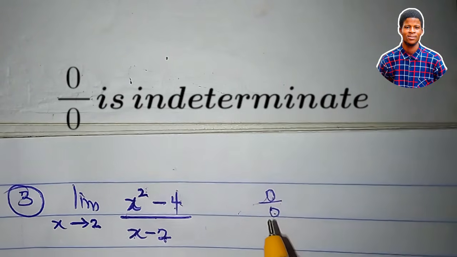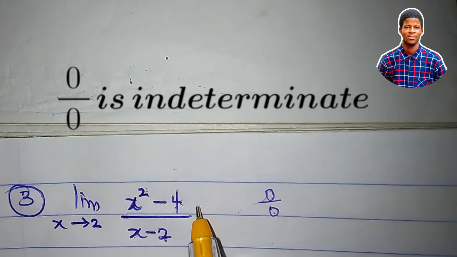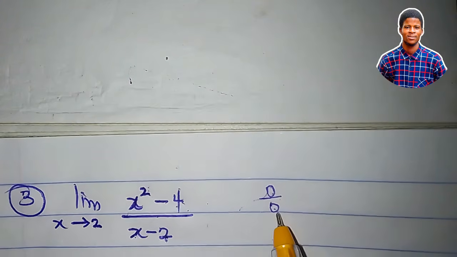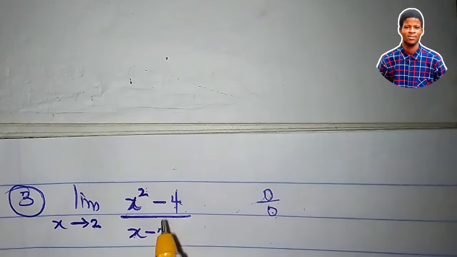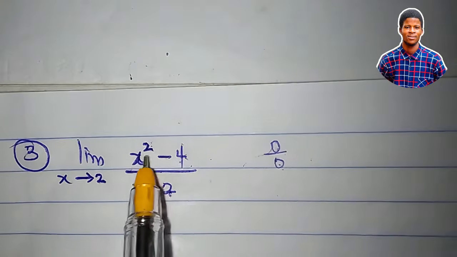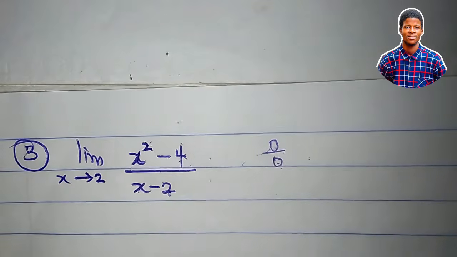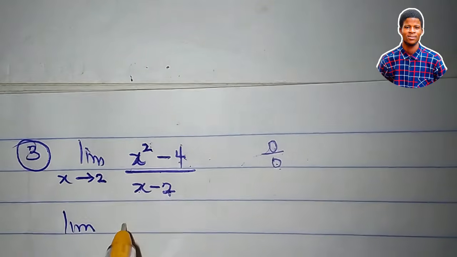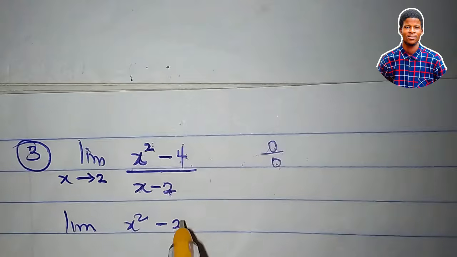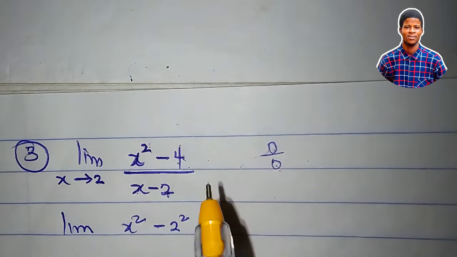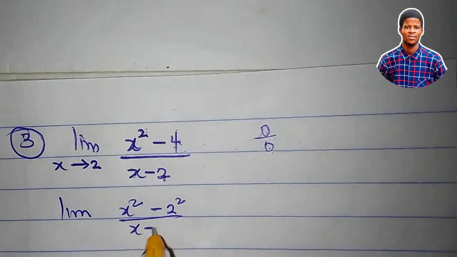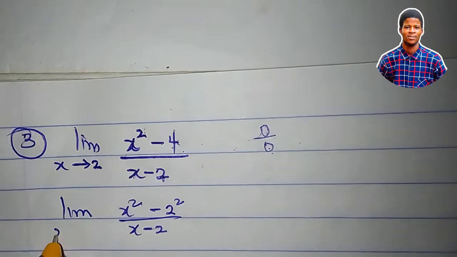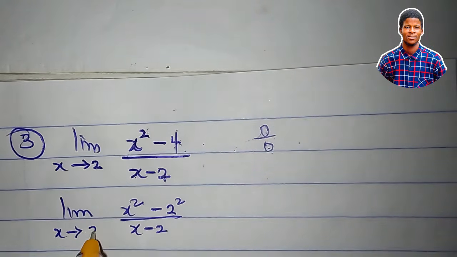Now, since direct substitution led us to a 0 over 0, let's see what we can do to this function to reduce it further. This is actually a difference of 2 squares. That is the limit of x squared minus 2 squared, since 4 is 2 to the power of 2, divided by x minus 2 as x approaches 2.